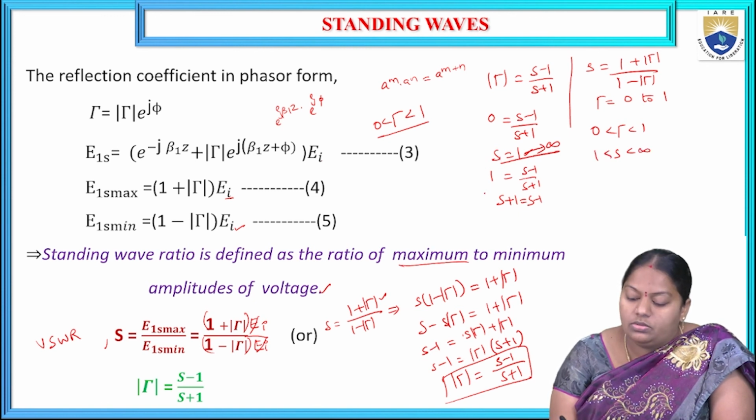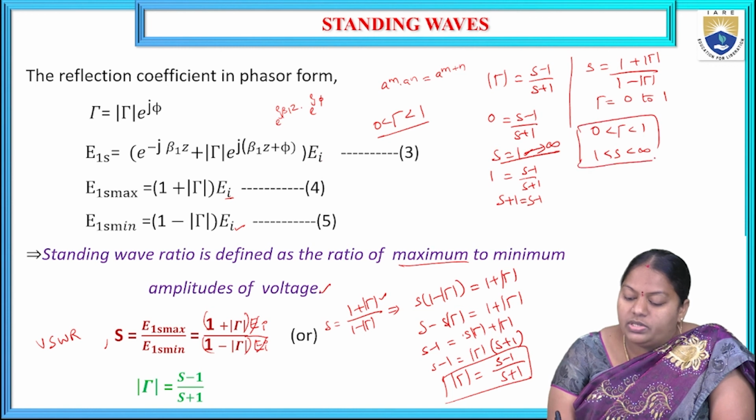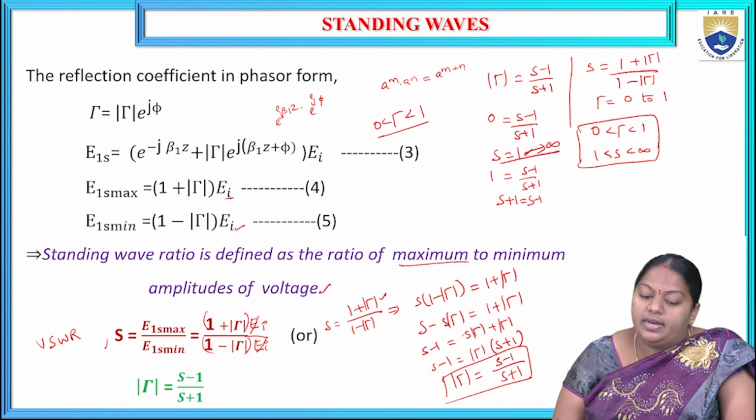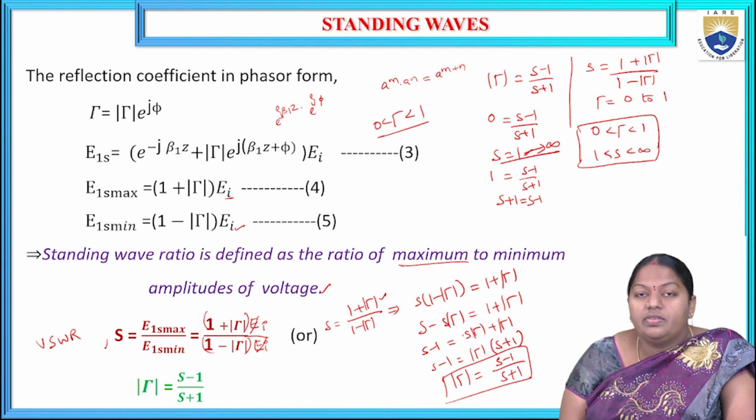So we have learned how the reflection coefficient gamma and the standing wave ratio are interrelated based on standing waves. What do we mean by standing wave? Standing waves are also called stationary waves.